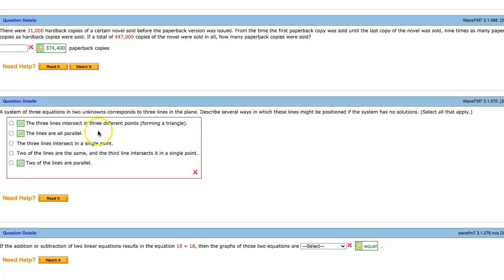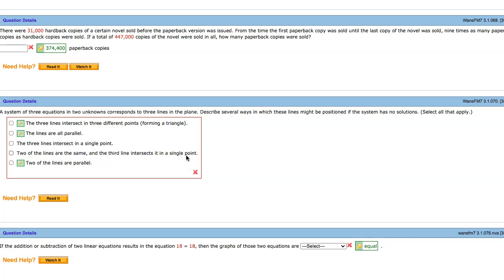You could just draw 3 lines. None of them have the same slope whatsoever. That could be. 2 of the lines are parallel, but the third guy is not. That could happen. 2 of the lines are the same.